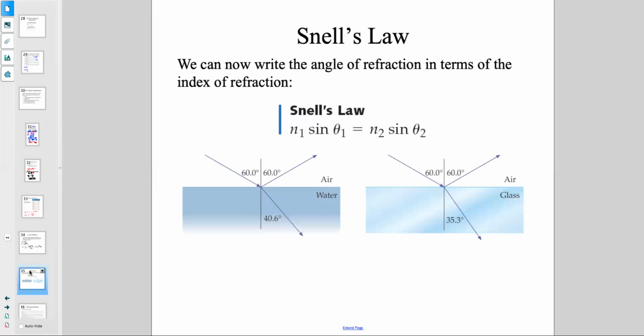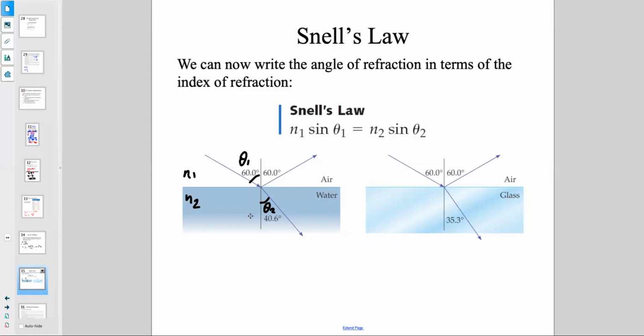Now, Snell's law. We can now write the angle of refraction in terms of the index of refraction, and I was just talking about this. So n1 sine theta 1 equals n2 sine theta 2. This is theta 1, and this is theta 2. This is our n1, which is air, and this is n2, which is water, okay?